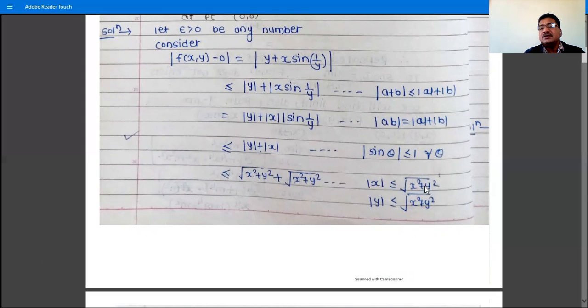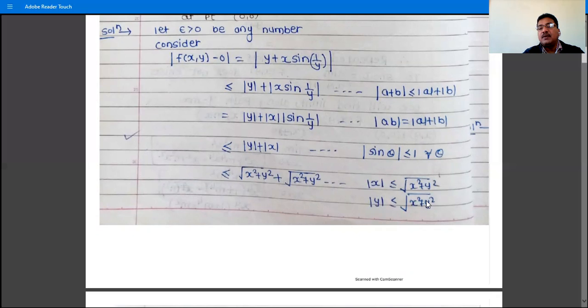But if y is not equal to 0, it may be positive or negative, then its square is positive. So if we add y square in the root, then it is larger than this side. So obviously if y is 0, then both sides are the same. Otherwise this side is larger than this side.